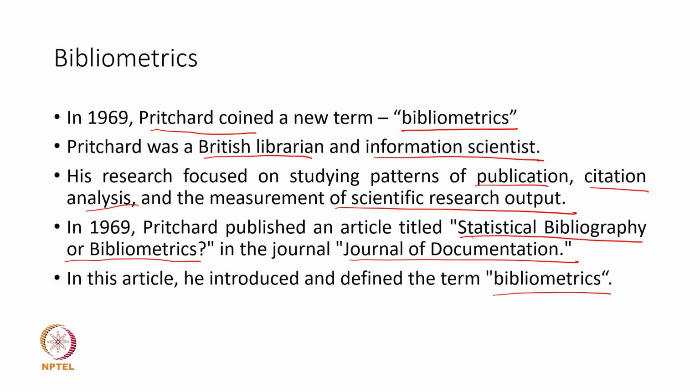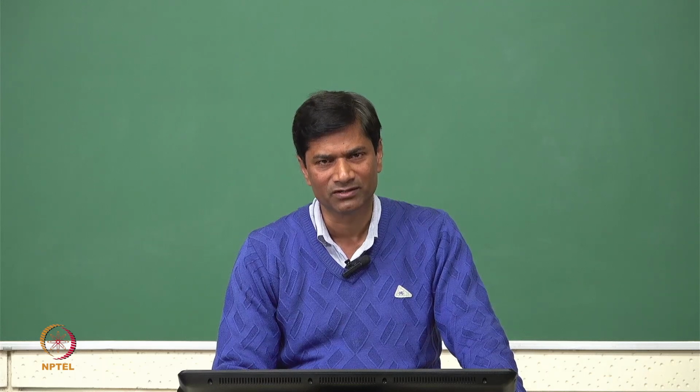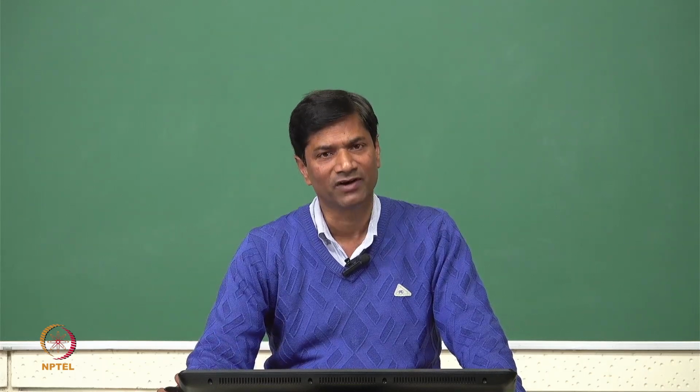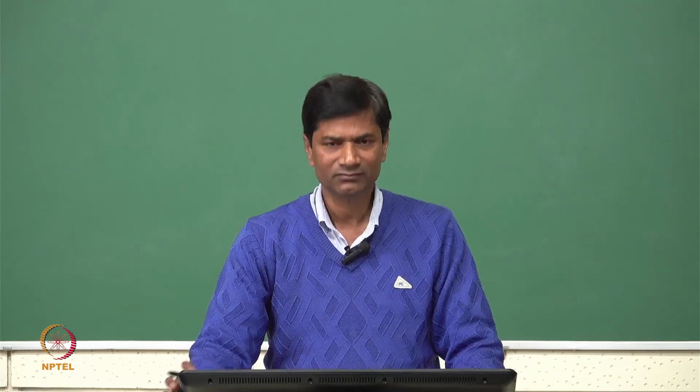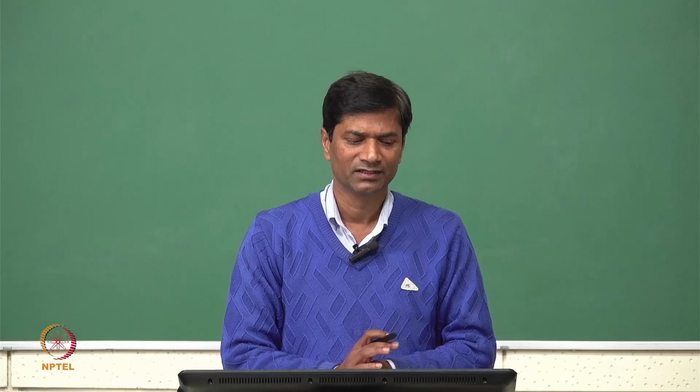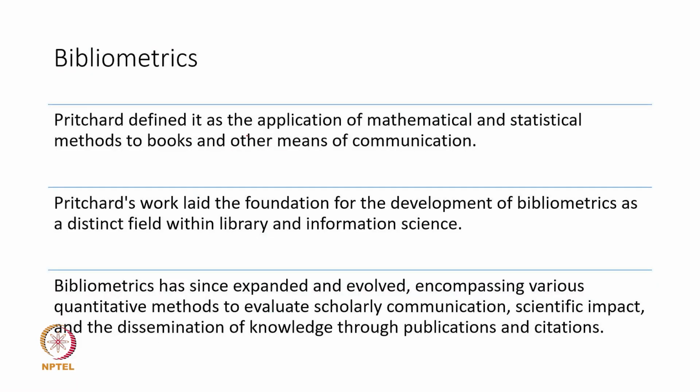As we know, biblio means book, metrics means measurement, but Pritchard defined this term as something broader in aspect. He defined bibliometrics as the application of mathematical and statistical methods to books and other means of communication.